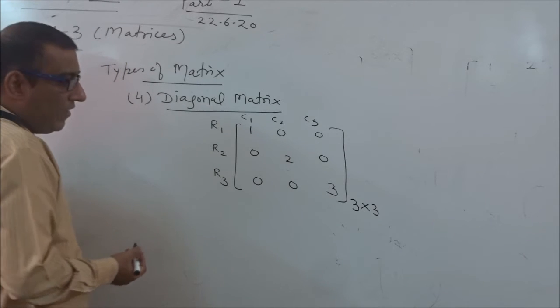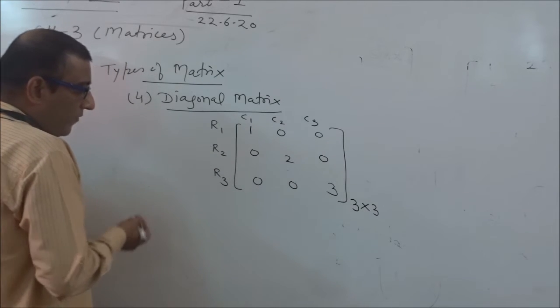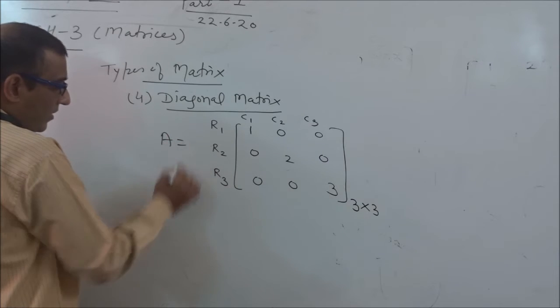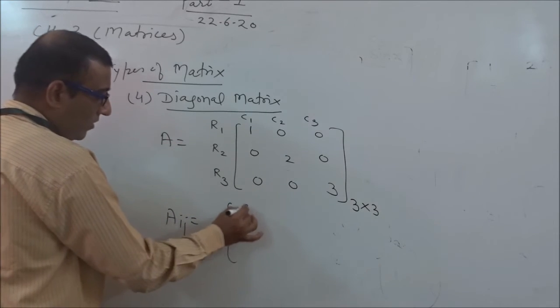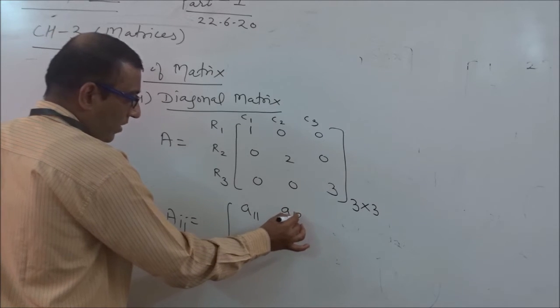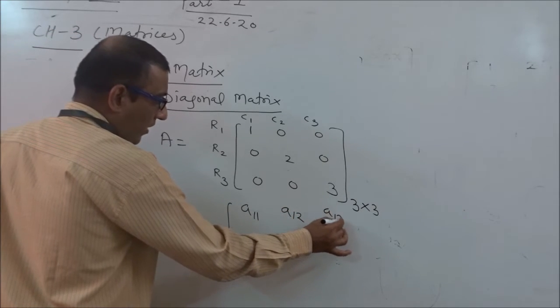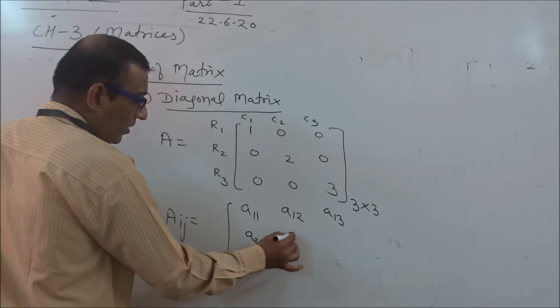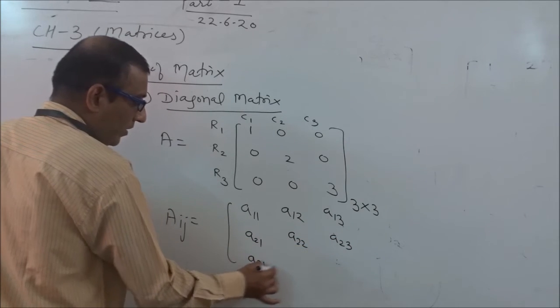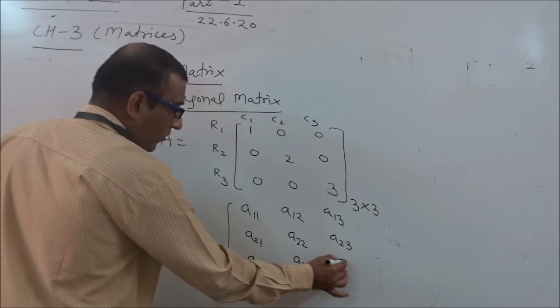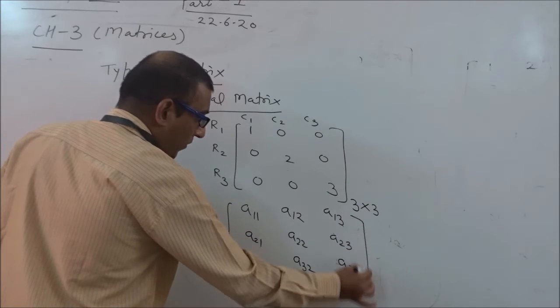These are non-diagonal elements. And if you compare with the matrix A, for example, Aij, that is your A11, A12, A13, A21, A22, A23, A31, A32, A33. Now you compare it.